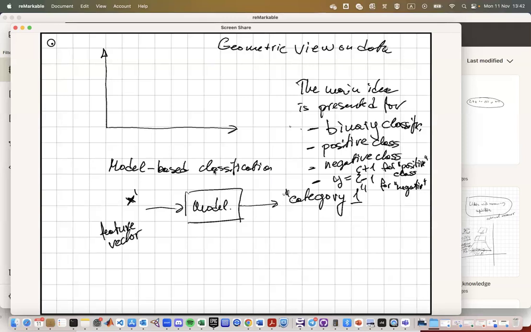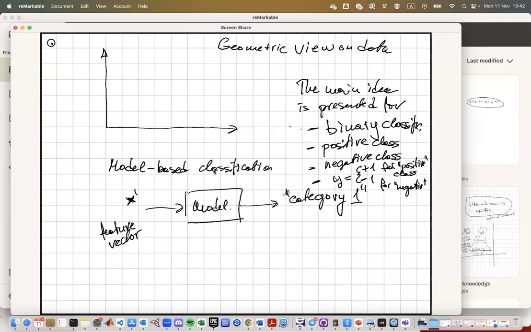Here we talk about numerical labels, which are either positive ones or negative ones, and we give them a meaning: labels which are positive ones we call the positive class, and negative ones the negative class.